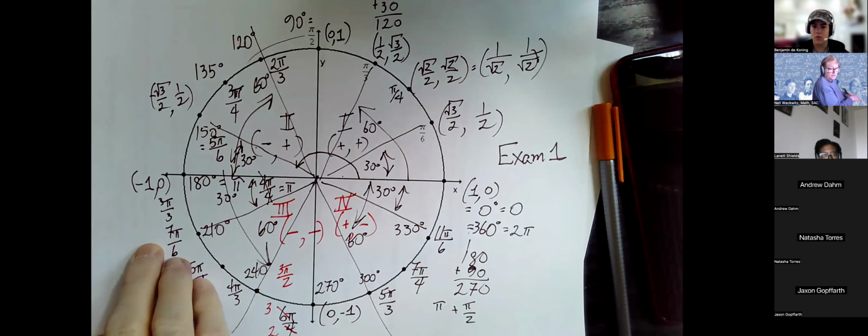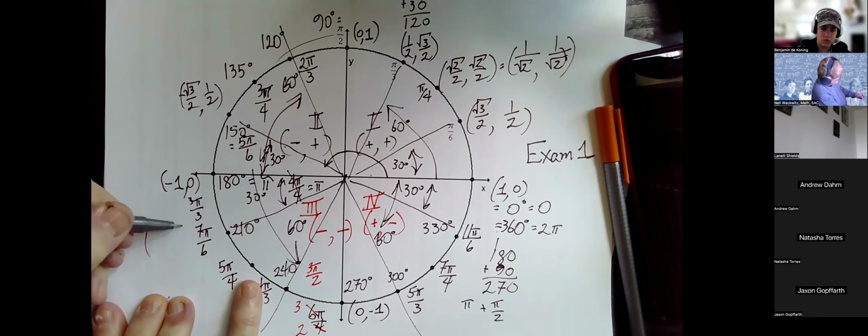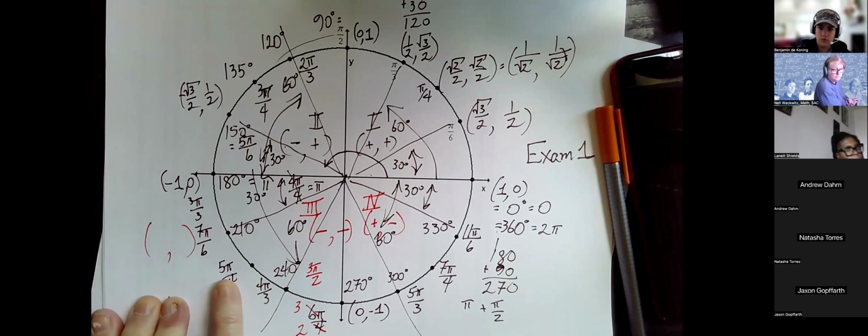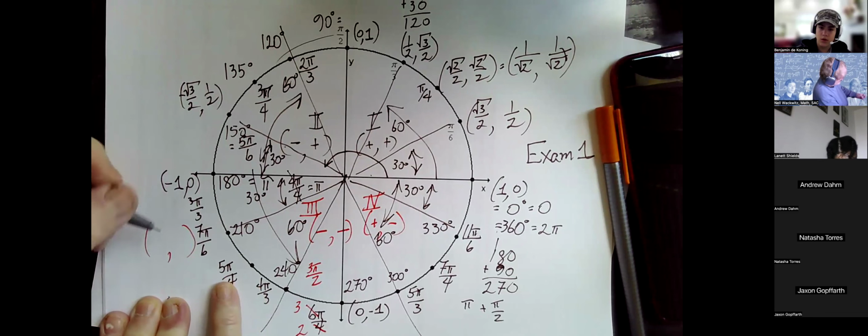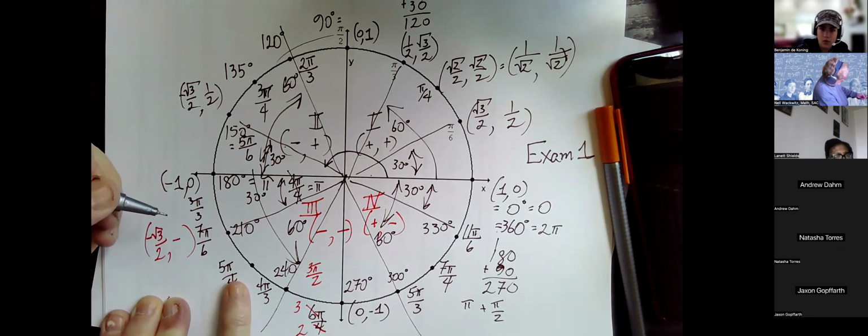What about 7 pi over 6? What are its coordinates? That'd be negative square root of 2 over 2, and then negative 1 over 2.